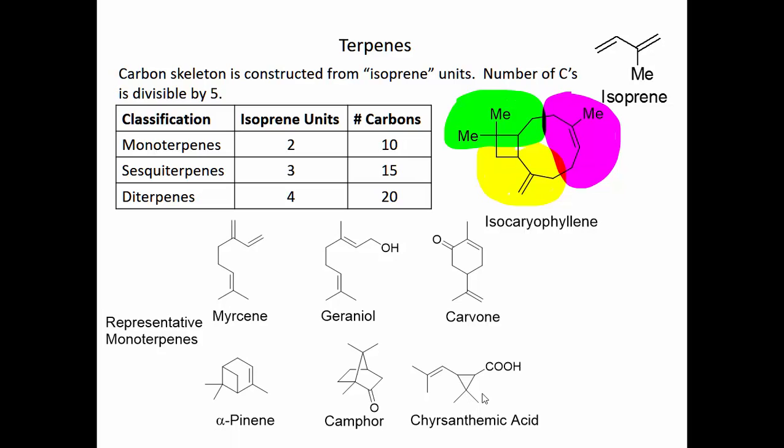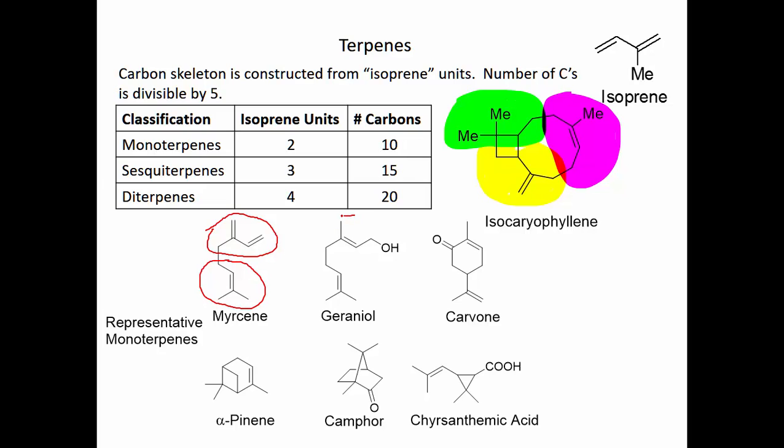So let's look for the isoprene units in these terpenes here. Here's myrcene. What we can see here is that we have an obvious isoprene type compound there and one here.